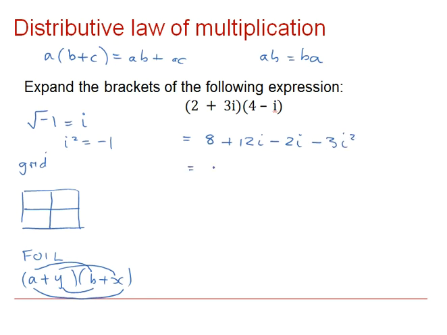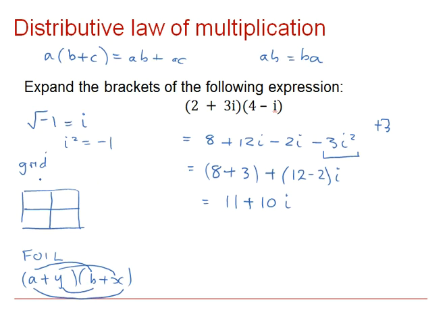If we gather up our real terms, what we get here is 8, and remembering that this expression here actually is the same as plus 3, so that's our real part, and then we also have 12 minus 2 lots of i, which would give us overall 11 + 10i as our answer. You'll note that the product of two complex numbers is also a complex number.